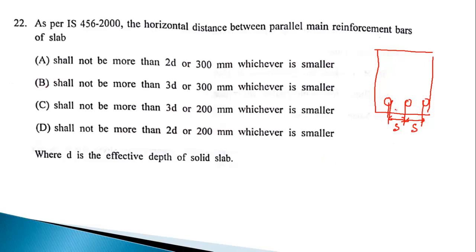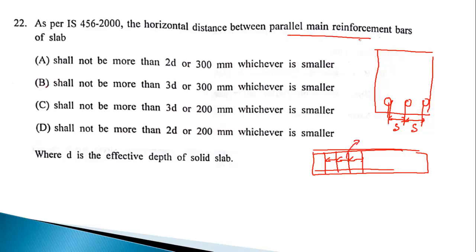Spacing is of two types. One is the horizontal distance of the main reinforcement, and another, if we see from the side, is the stirrups. This is also given in the IS code, so don't confuse: it is given as the main reinforcement bar spacing that we need to know.